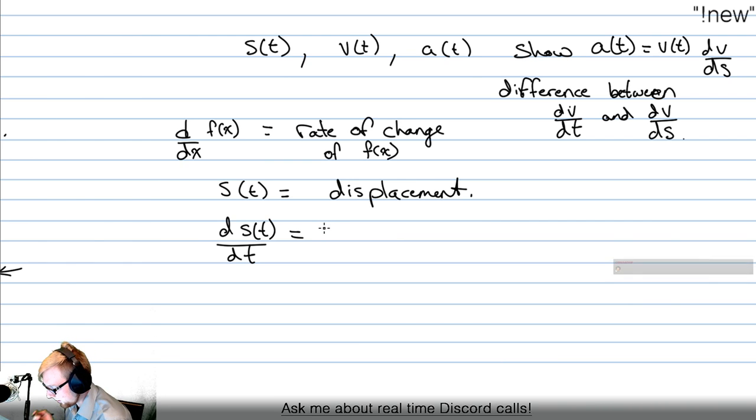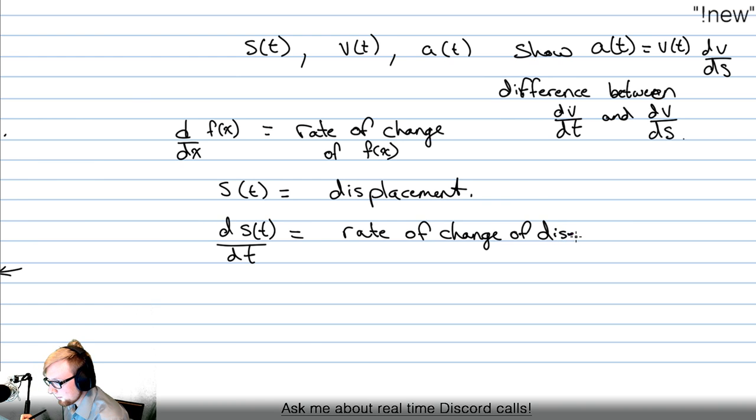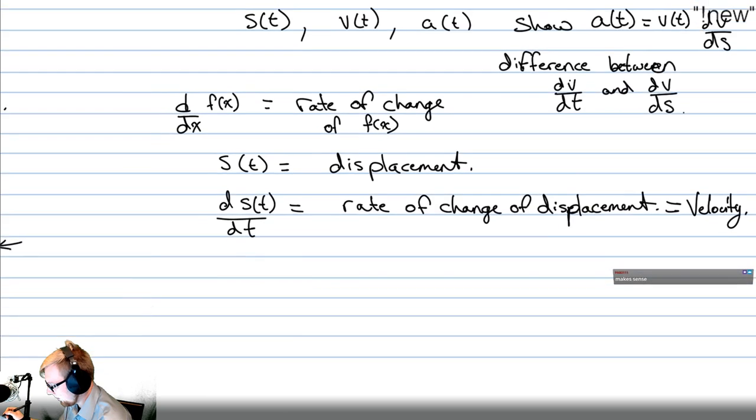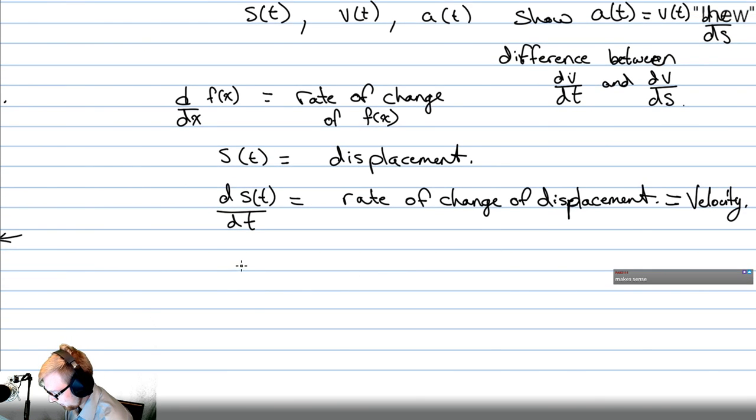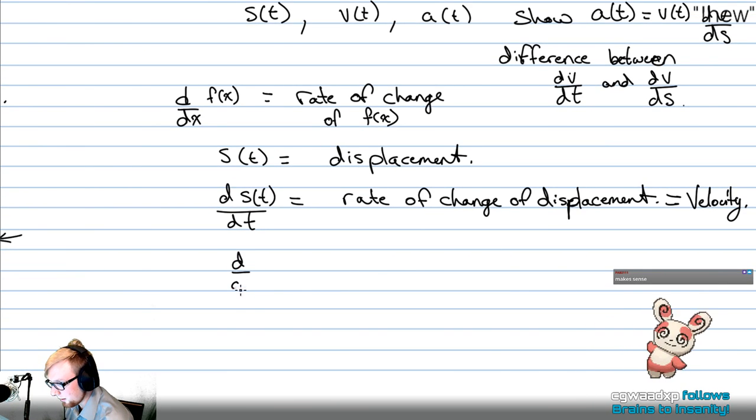It would be the rate of change of our displacement. So that would be velocity. And then what would be the rate of change of our velocity?